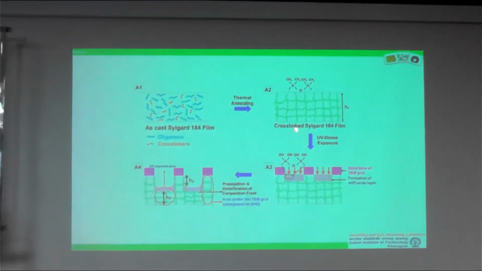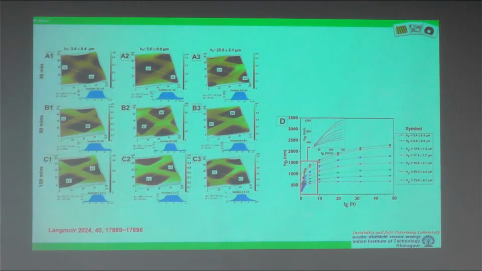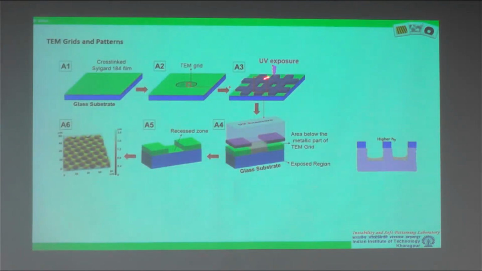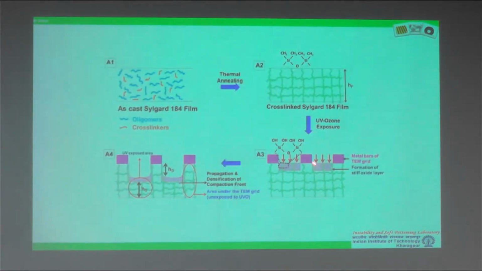So basically what we realized is that in these areas where the grid is open, once upon exposure, you create these types of depleted zones, and in those areas the oxide layer forms, and the compaction is associated with the penetration of the oxide layer along the depth, and how far it can go is sort of hindered by the presence of the underlying substrate.